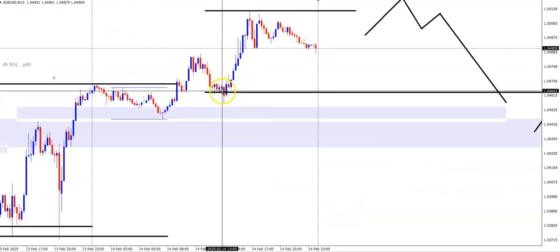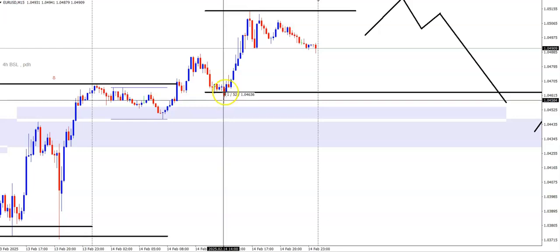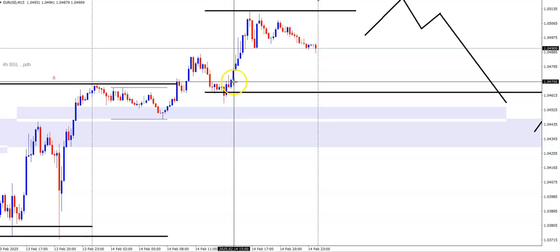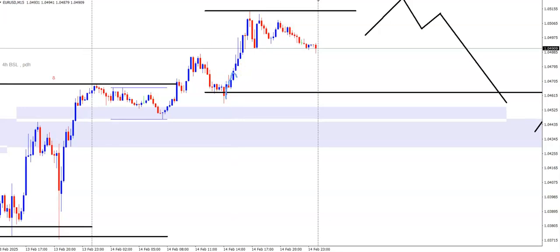So as you can see, in the New York session we had a nice shift to the upside, price broke all those previous highs. So on the 15-minute time frame, what you would like to see is of course price to retrace back to those levels in order to target the highs of the day or the new leg up higher.